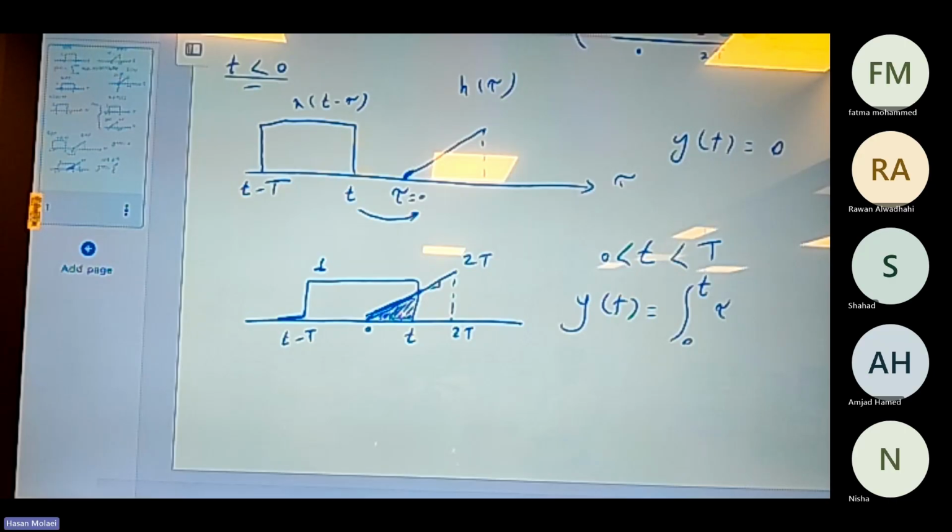So I can write it like that. And this value is 1 theta. The answer is tau square over 2. If I replace tau with t, it should be t square over 2. From 0 to t, the equation is like that.